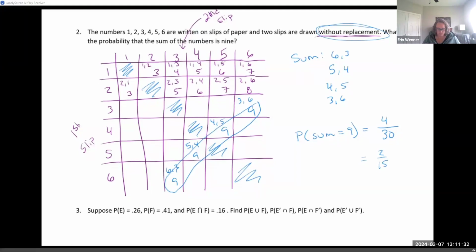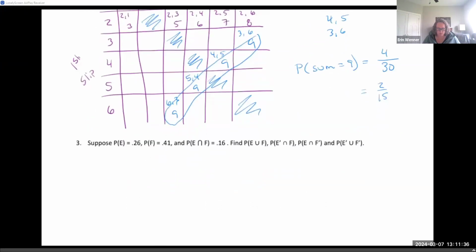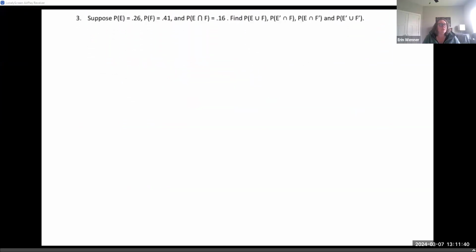So the next one is again why I really harp on drawing pictures. Because when we look at number 3, this is kind of confusing because it's just a whole bunch of symbols, all of our mathematical shorthand, right? So number 3 says, suppose the probability of E is 0.26, the probability of F is 0.41, the probability that E intersects F is 0.16, and then it says, find all these things.